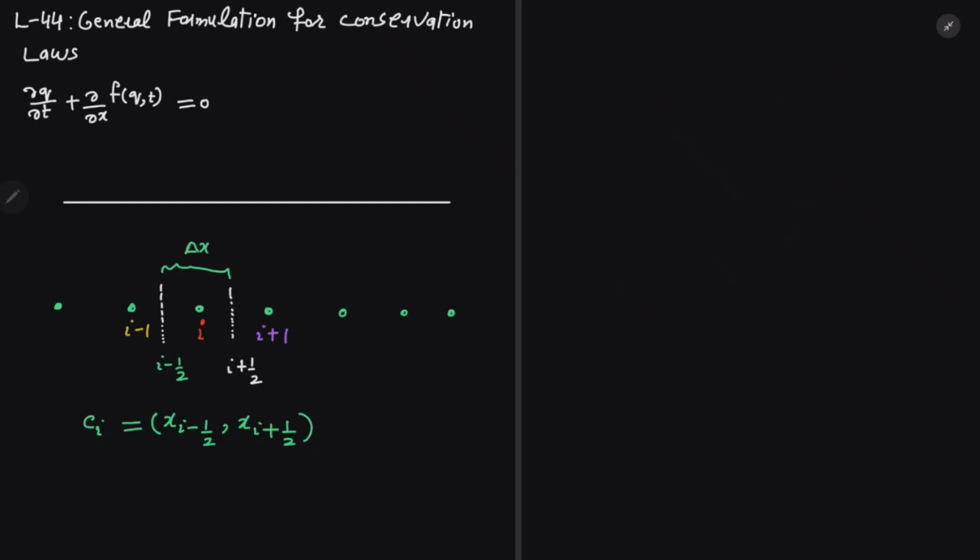So if we integrate the solution q(x, t_n) dx, remember that we are discussing our problem at time level n, we integrate this function over x_{i-1/2} to x_{i+1/2}.